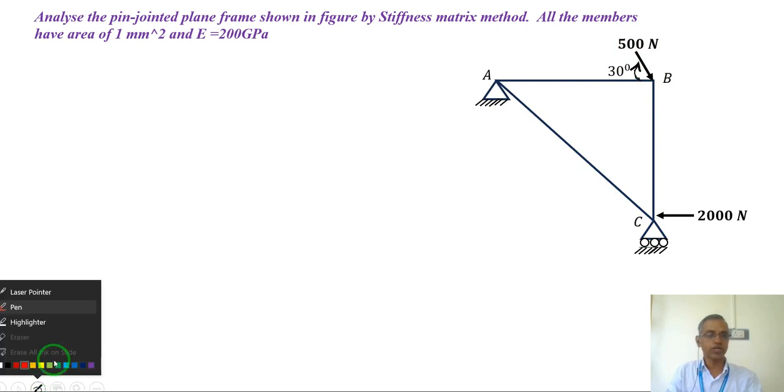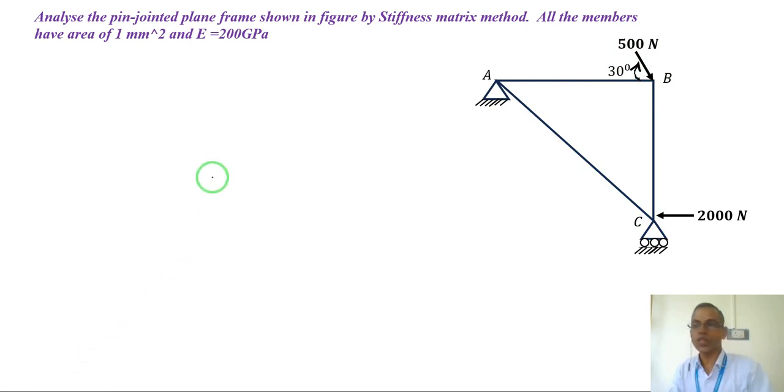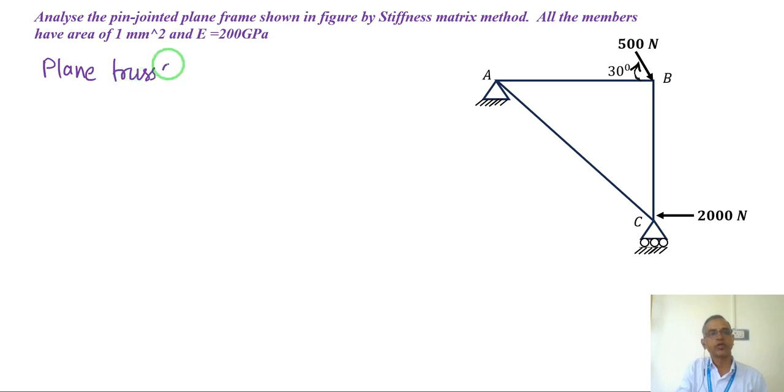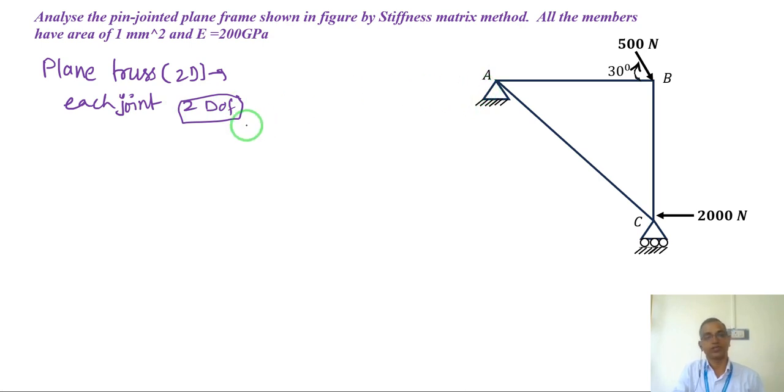The important thing here, as the method goes, is that we need to identify the degrees of freedom at a joint. In a plane truss, that means a 2D truss, each joint possibly has 2 degrees of freedom, but out of that, how many constraints do you have to see?